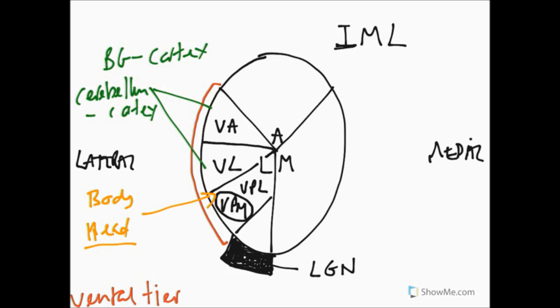The LGN is important for the optic pathway. So the LGN is a relay for the optic pathway, and that's important for your medics as well. The others are less important. They're generally involved with limbic functions.